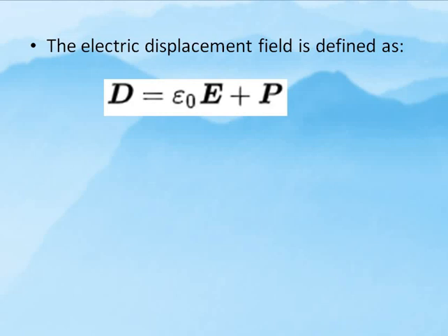Let us take a surface. Let us take a cube, and if the potential is applied in this way, then the delta S of the surface is always in the normal direction.